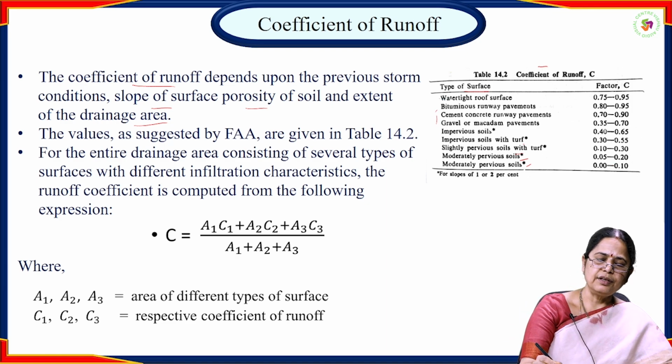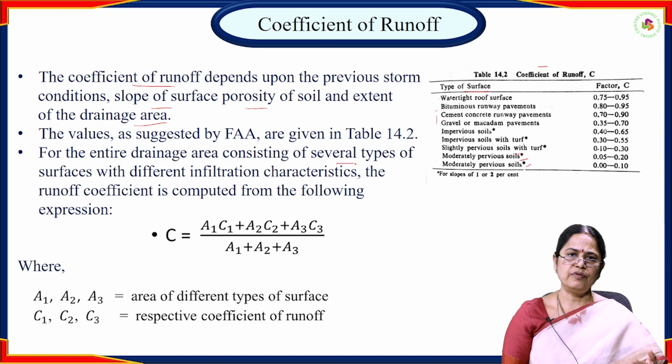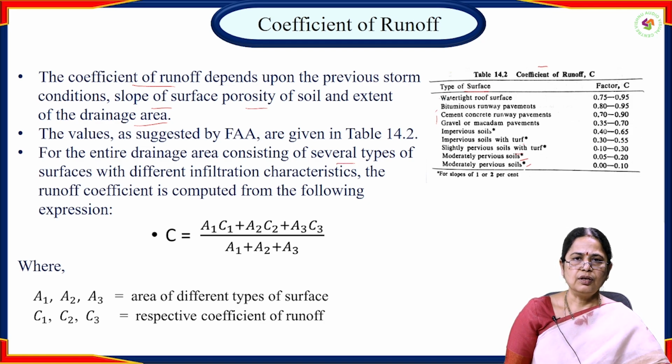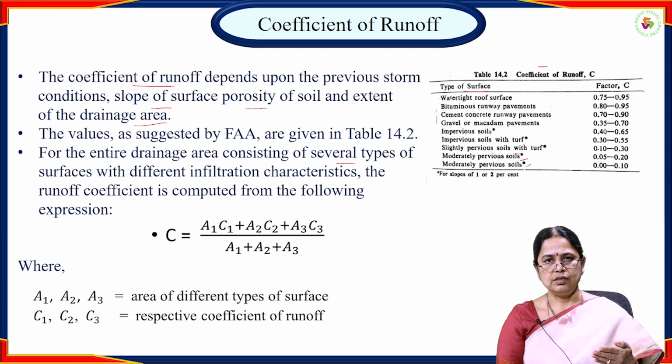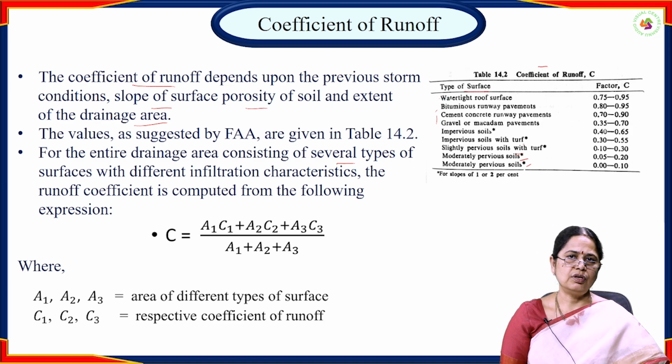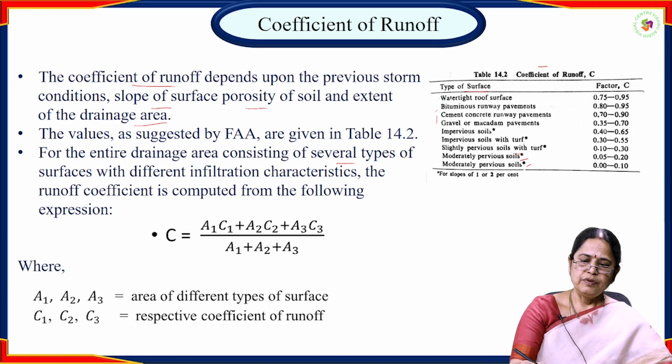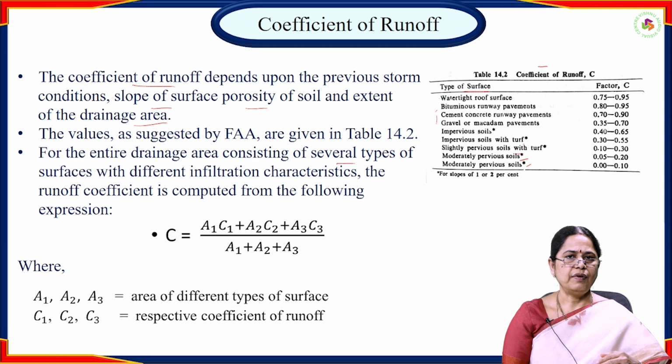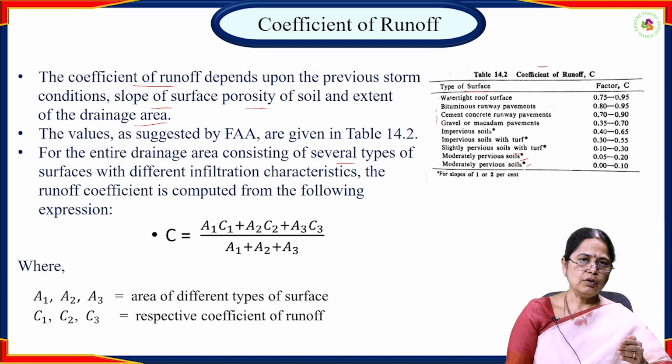The entire drainage area consists of several types of surfaces through which the storm water is flowing to the drainage inlet. So we have to consider all the factors of that particular surface characteristics, and also estimate the length which passes through those different types of surfaces, their runoff coefficients and the area through which it is passing.